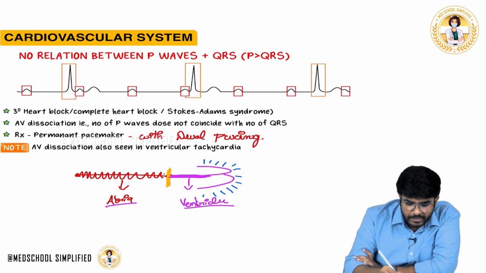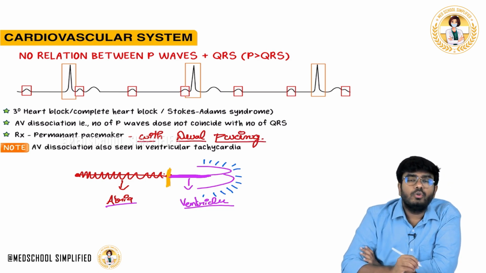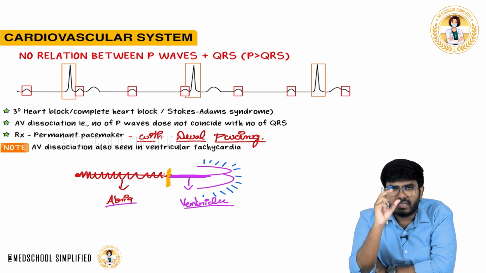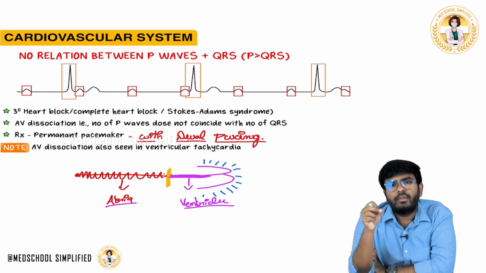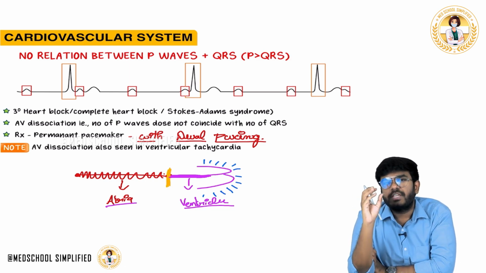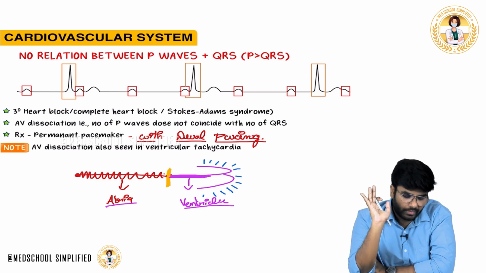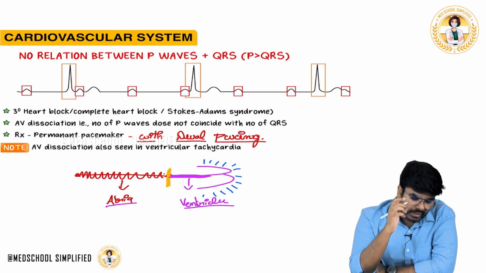One lead will go to the atria and one lead will go to the ventricles. Like, one lead is going to come and attach to the atria and one lead is going to come and attach to the ventricles. So this pacemaker is controlling both atrial rate and ventricular rate simultaneously. So this is the treatment for third degree heart block.